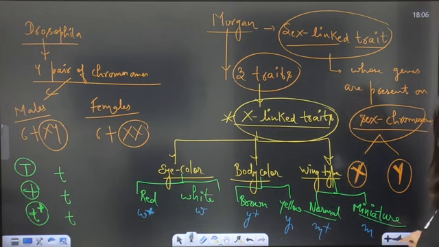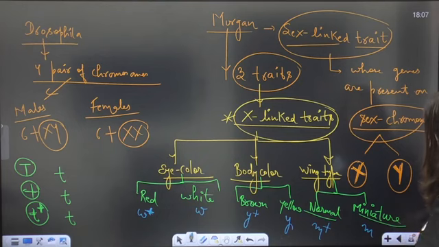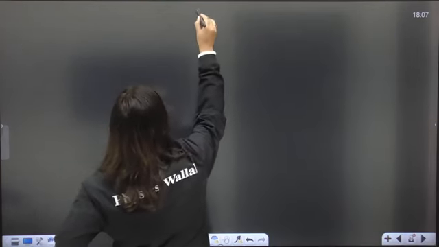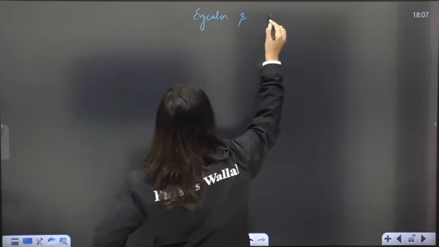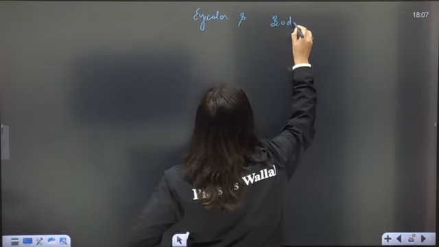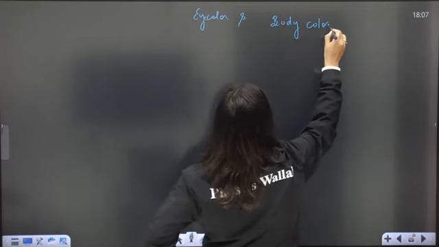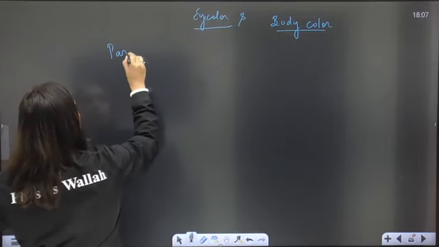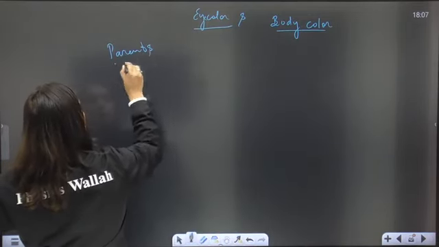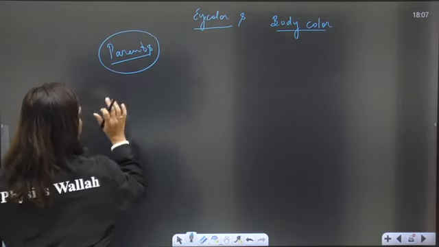Now let's move on to his experiment. He did 3 experiments, but in NCERT 2 are given. So let's discuss them. For the first experiment, he took eye color and body color. He took the parents.